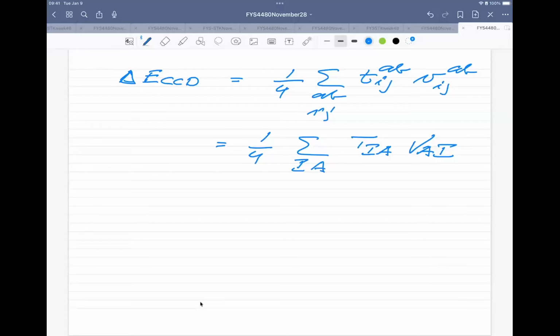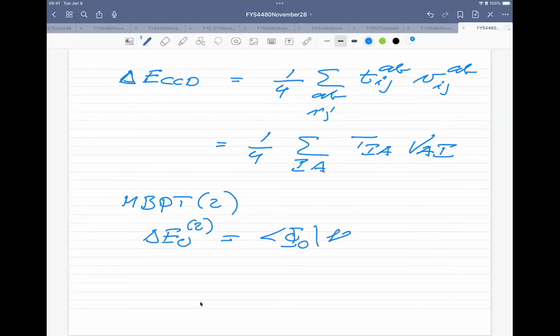When we looked at MBPT to second order in the Rayleigh-Schrödinger perturbation theory, the contribution to the energy was given by phi 0, the interaction part of the Hamiltonian, and then the intermediate states, which we plugged in, phi of m, with the operator E0, and then h of I multiplied with phi 0.